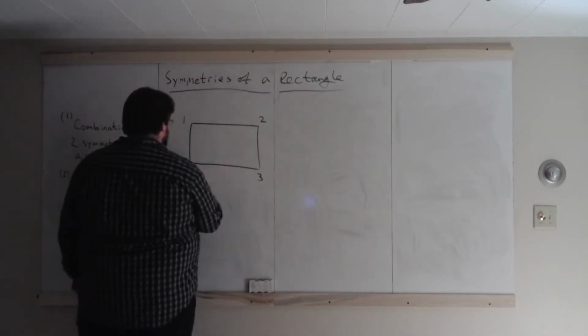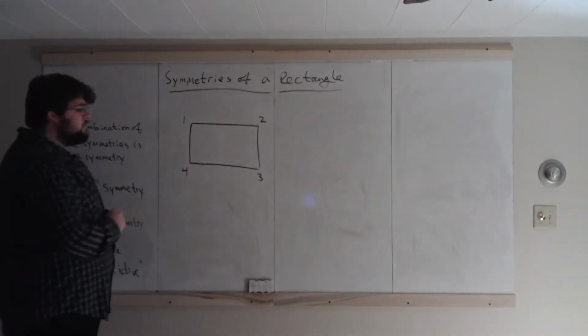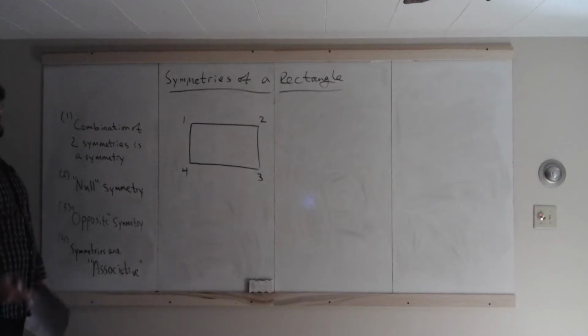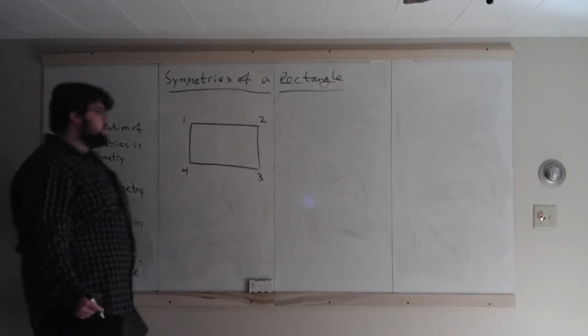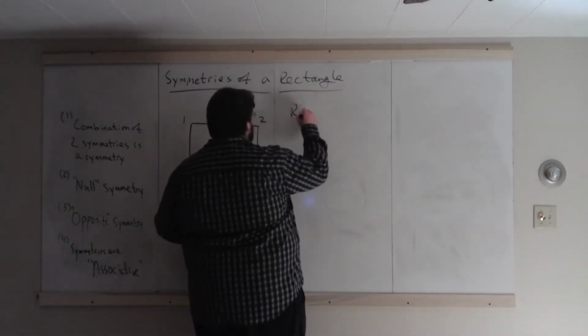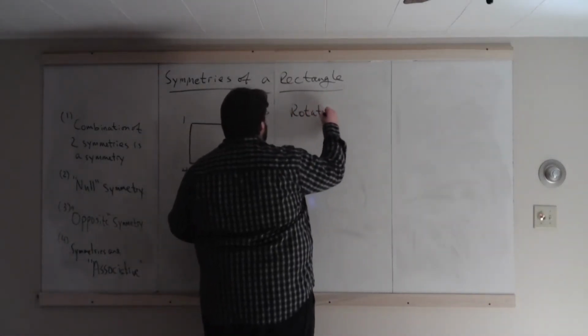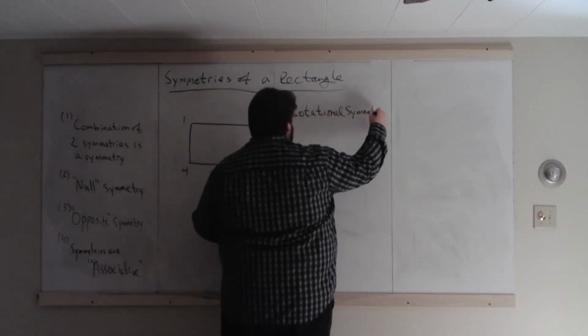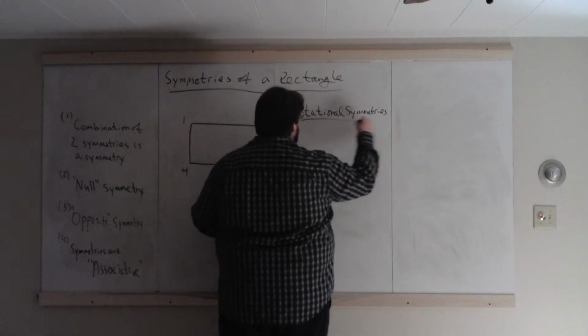So let's draw a rectangle, perhaps golden. And let's label the 4 points on that rectangle. Now we're going to find symmetries. And we're going to break these symmetries into 2 different types. We're going to call them rotational symmetries and axial symmetries.